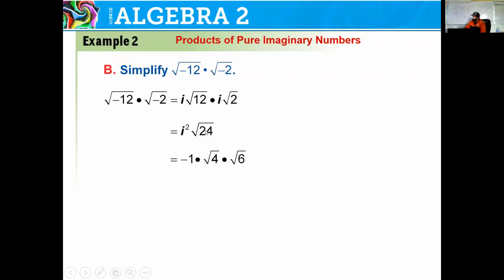But then they have to split this apart again, as negative 1 times the square root of 4, which is 2, times the square root of 6. Okay, so you can see there's two different ways. We can break it apart and simplify them and then multiply it, or we can multiply it and then break it apart and simplify. But regardless, either way, we both still have to break it apart and simplify.